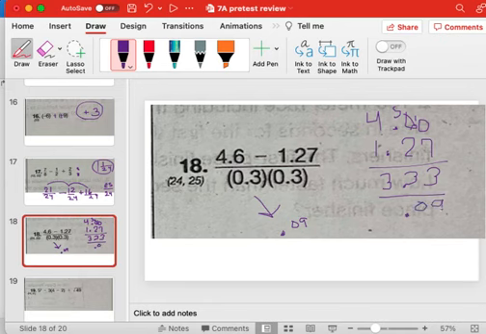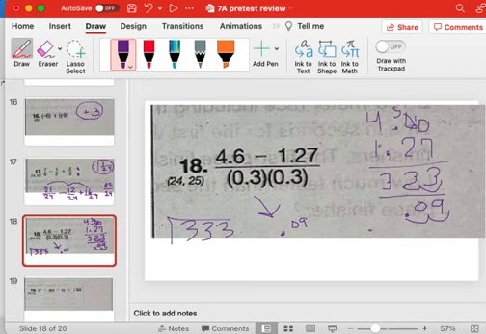So we're going to put this right under here, 0.09. Now, I can clear out those decimal places. I can move this 2 places to the right and this one 2 places to the right. So I can just get rid of it. Okay, so now we've got 333 divided by 9.